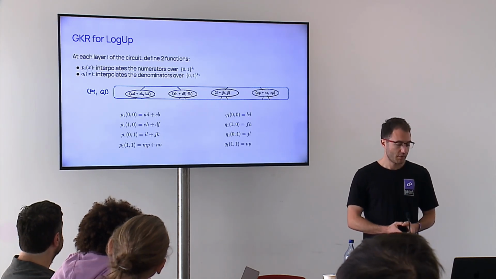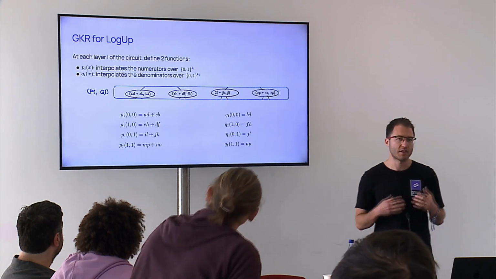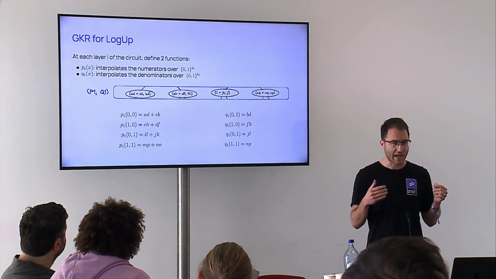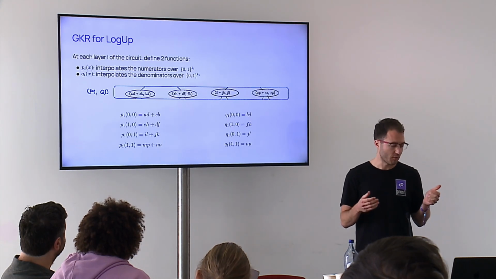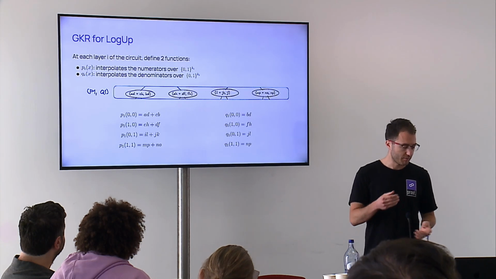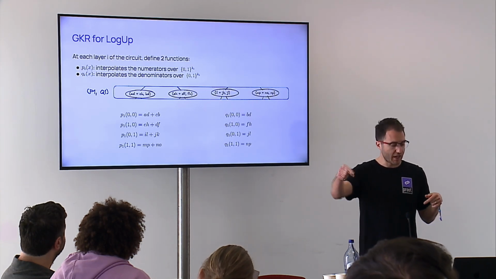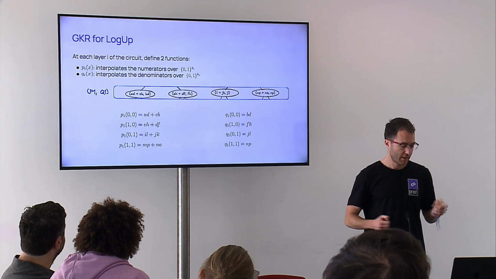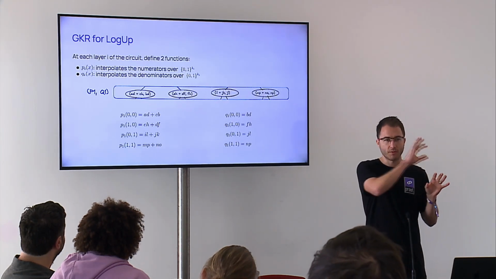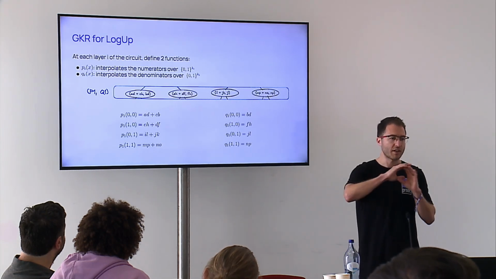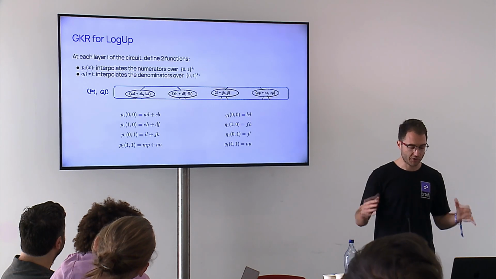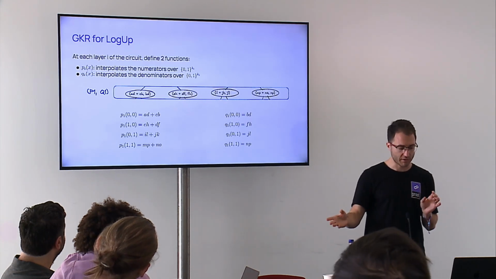You can think of it as the bit decomposition of the index. So P at the bit decomposition of 1, for example, so 1, 0, is therefore the second one, EH plus DF, the second numerator. P at 0, 0 is AD plus CB, and so P really encodes all the numerators, and Q encodes all the denominators.